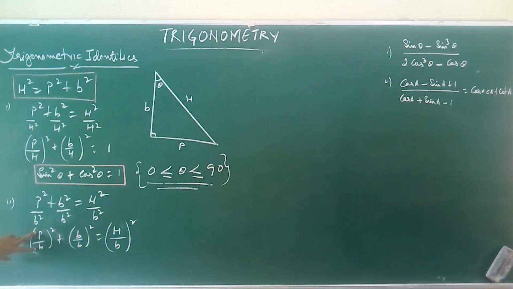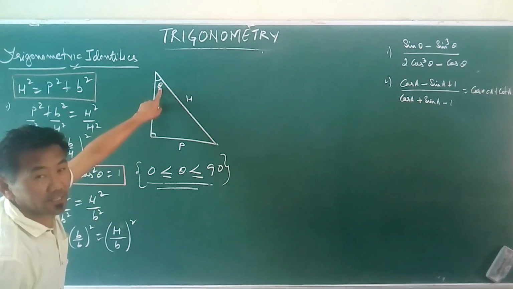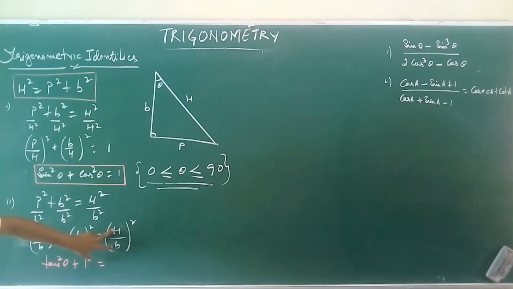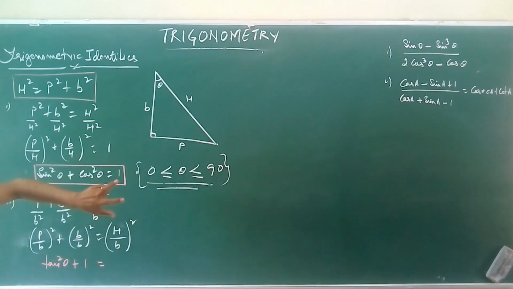Now this p by b is given by the tangent, isn't it? So I write in a different color: tangent square of theta, and why I'm writing theta here is that it is the given angle, plus, if we cancel this, it is a 1, which is equal to, now h by b, what gives the relation h by b? h by b is the inverse of cos, isn't it?